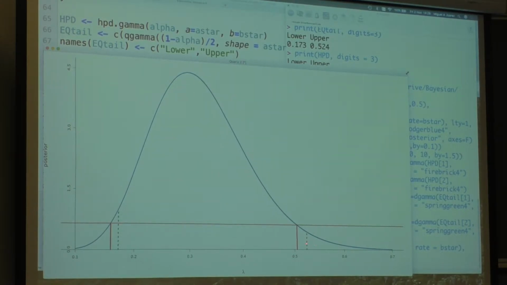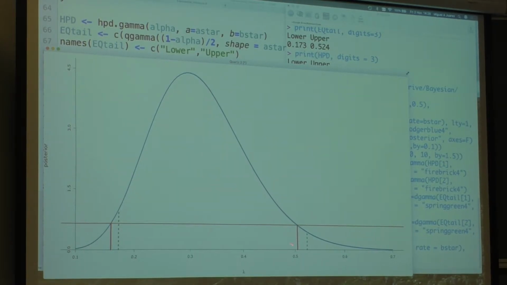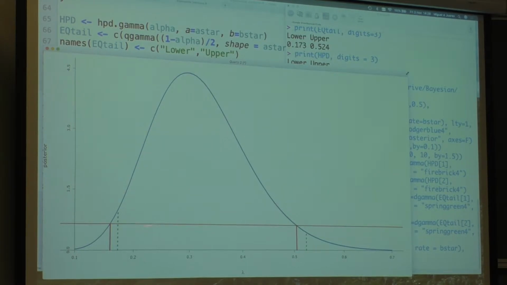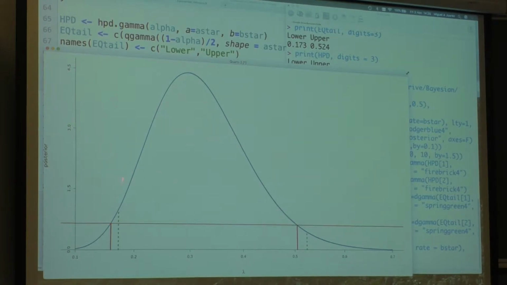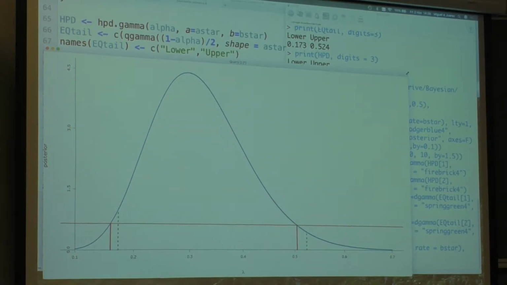To the right of this line is 0.025 probability. So in the middle, you have 95. And the red solid lines mark the HPD. As you can see, it's not equally tailed, but inside this interval, you have points in the posterior distribution that have higher density than any other value outside that interval, okay?